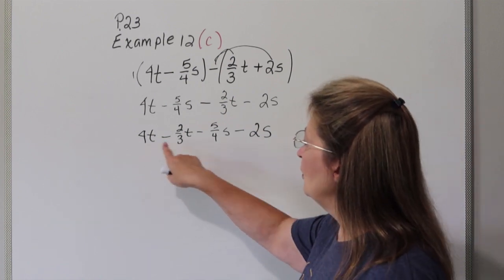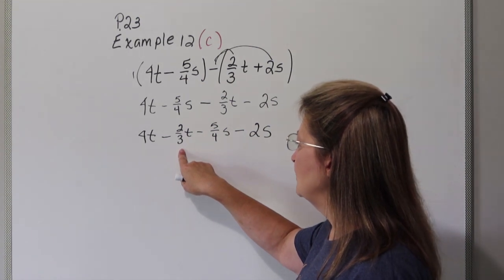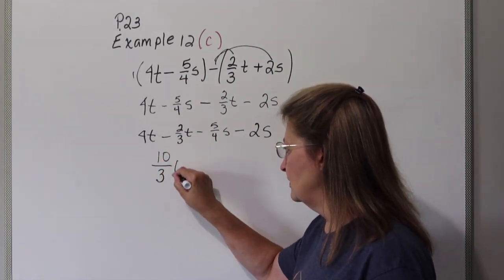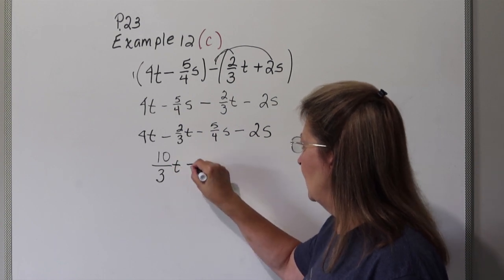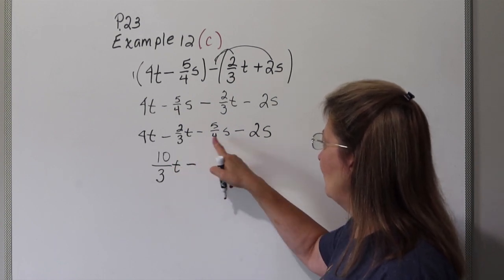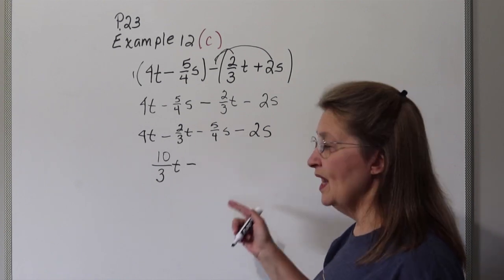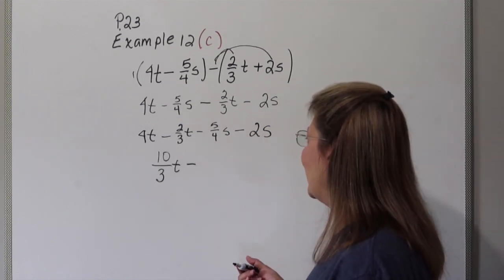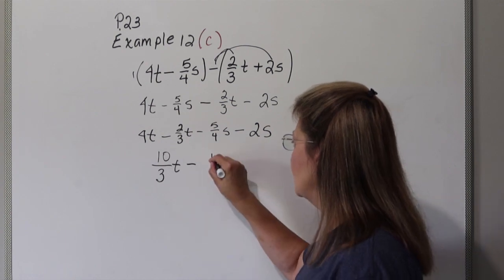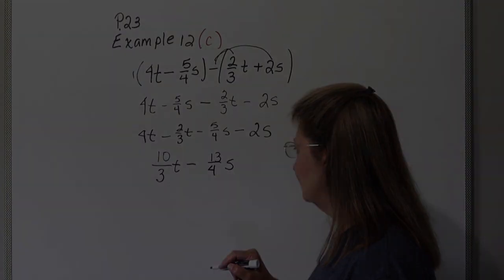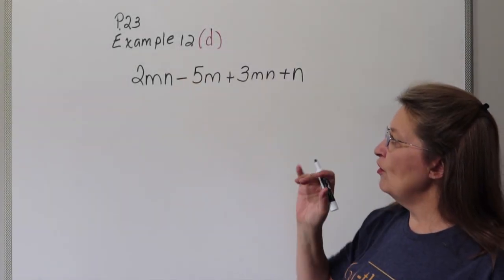All right, 4 minus 2/3 is going to be 10/3 t. And down here, minus 5/4 minus 2s. Since both of them are negative, you're actually going to be adding, so that's going to be 13/4 s.